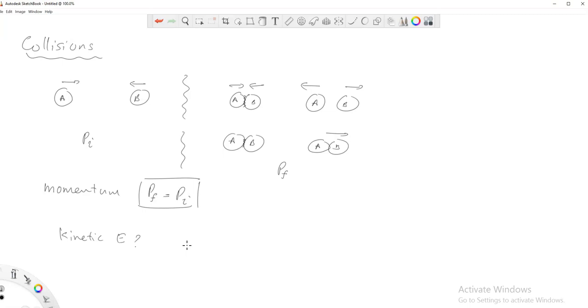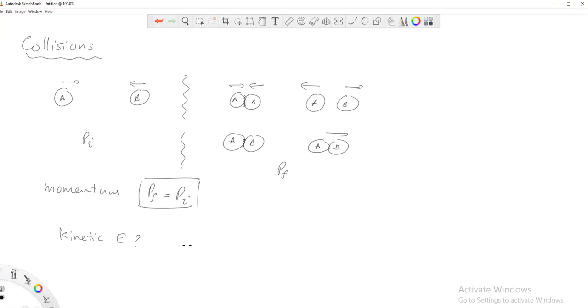Now in a situation like this, two things come in towards each other and make a collision, and then either go in opposite directions or go in the same direction. Let's say they all happen at the same level, where there's no potential energy difference. As long as they all move in the horizontal direction, we don't have to worry about going up or down. So there's no potential energy involved.